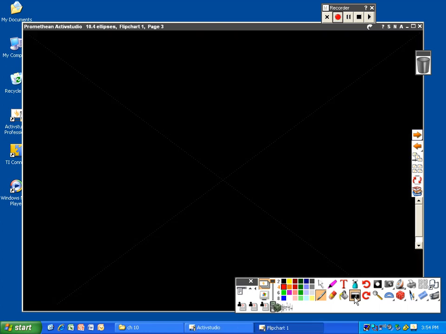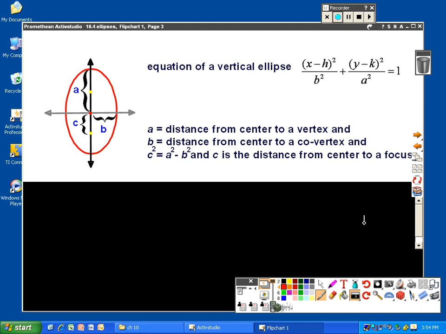First, we're going to look at the vertical, which is what I had there before. The equation of a vertical ellipse is x minus h squared over b squared plus y minus k squared over a squared equals 1. Now recall from before, (h, k) is the center point.